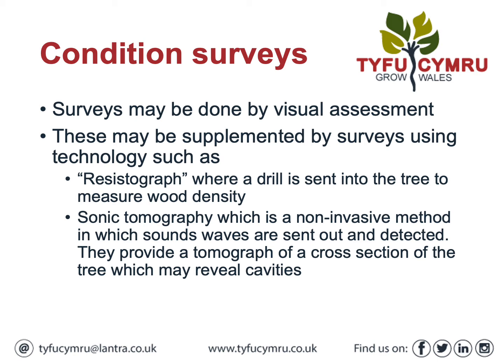There's also a technology called sonic tomography, which is non-invasive, unlike sending the drill into the tree. In tomography, sound waves are sent out and then detected as they come out of the tree. The wave patterns detected result in what's called a tomograph, a picture, which is represented as a cross-section of the tree, and that helps reveal cavities within the tree.